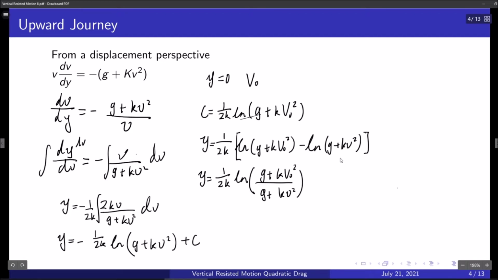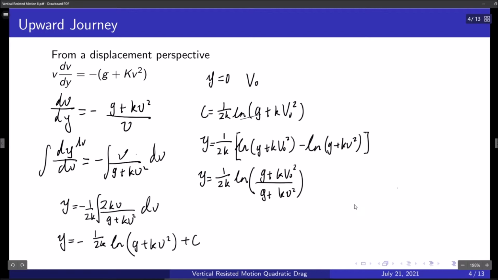Alright, so this is pretty straightforward. It's more or less the same as we did previously. If you really want, you can rearrange everything and make v the subject, but you don't have to do it in this form.